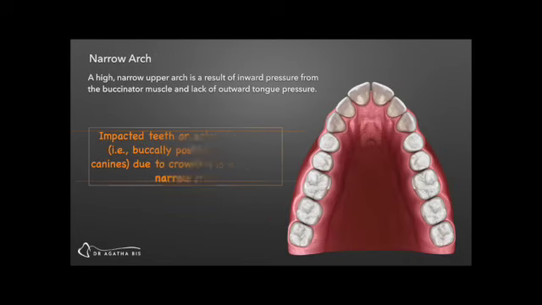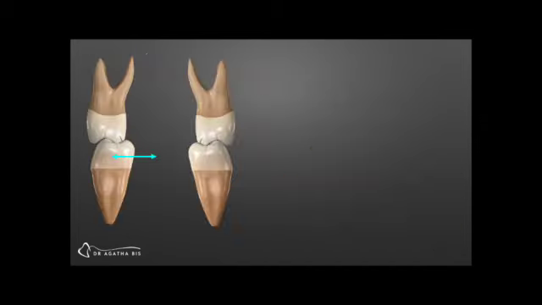So a high, narrow upper arch is a result of inward pressure from the buccinator muscle and lack of outward tongue pressure. And impacted teeth or ectopically erupted teeth are a sign of a narrow arch. And I'm going to explain that in a minute.